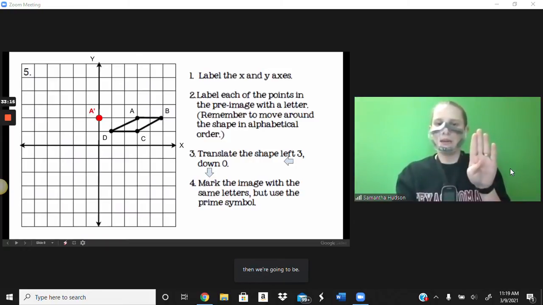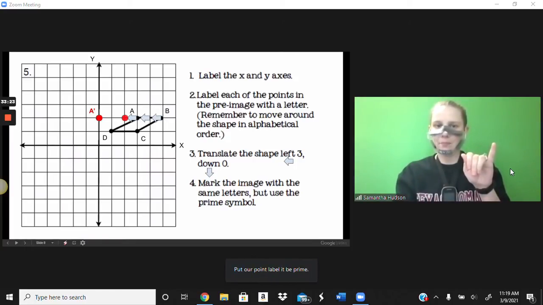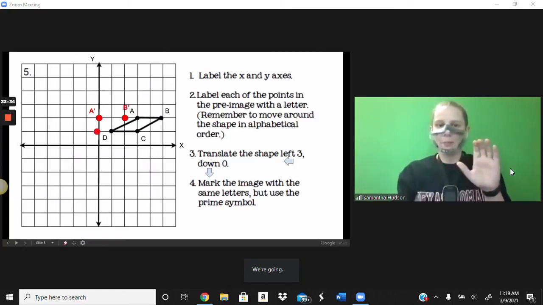Then we're going to do B. 1, 2, 3, put our point, label it B prime. We're going to go to C. We're going to go left 3, 1, 2, 3, put our point. We're going to label it C prime.